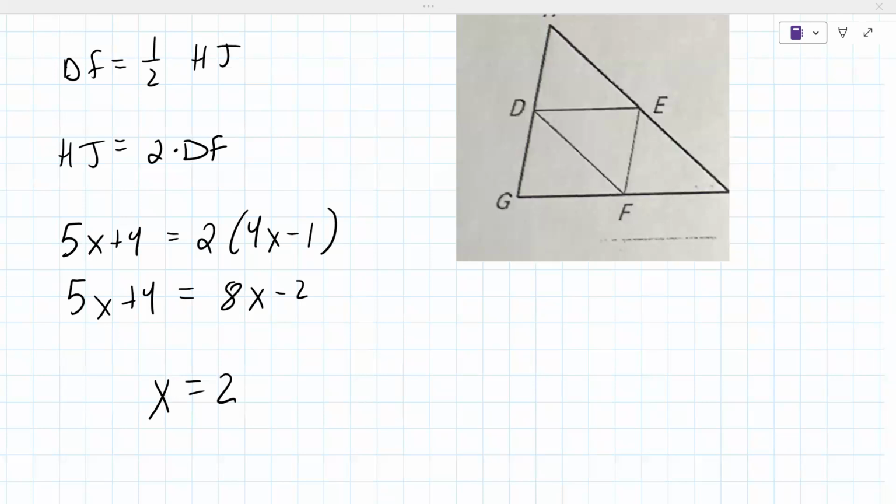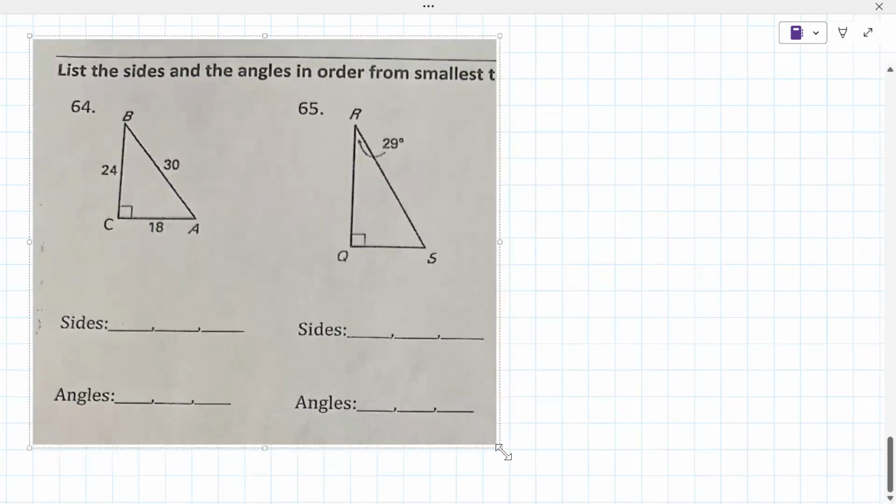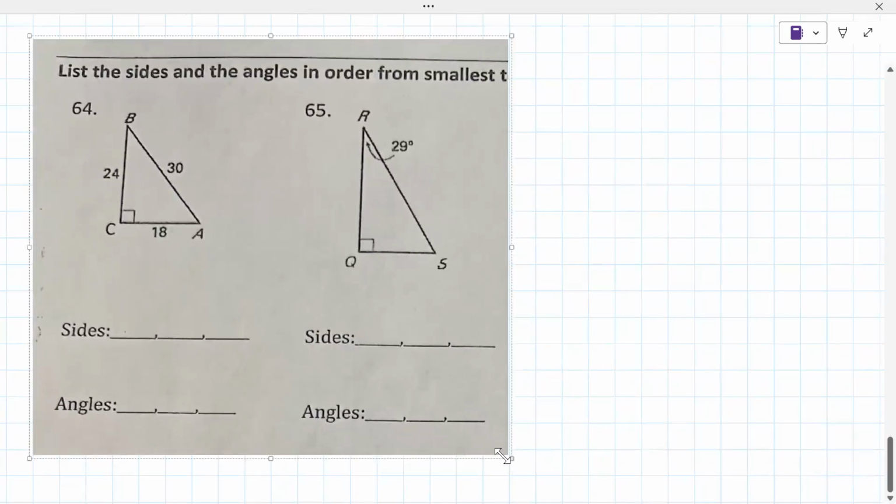No. Okay. So the next grouping of questions is about the hinge theorem. Do you remember hearing that in class? One more time. Hinge theorem. I don't even know why it's called that, but it tells you that the largest side is across from the largest angle.